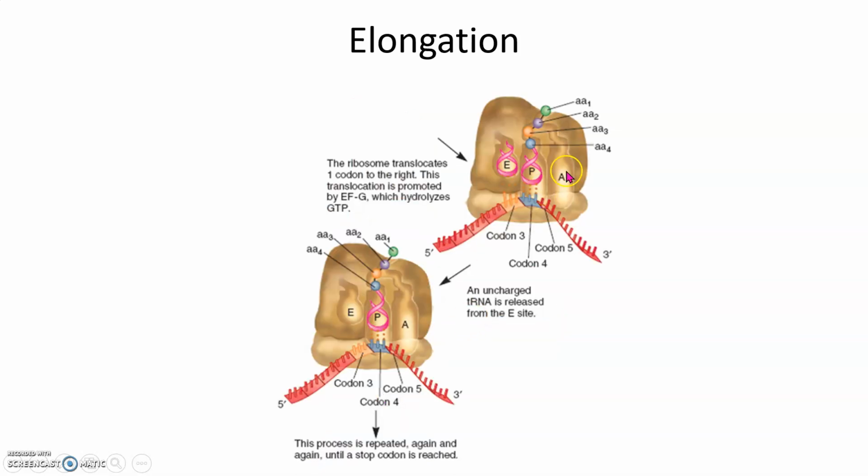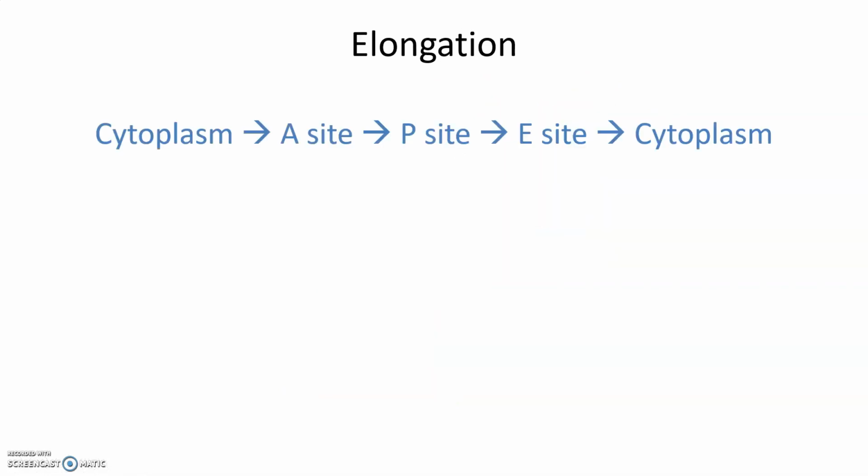There's going to be a shift. Once we shift, we put what was in the A into the P and what was in P into E. This E has this uncharged tRNA that can leave. The one in the P site is going to stay there and wait for the next amino acid to come in so that we can keep doing the same process. Amino acid comes in, peptide bond is formed, shift, one leaves, wait for the next one to come in, and we do this over and over again until we get to a stop codon.